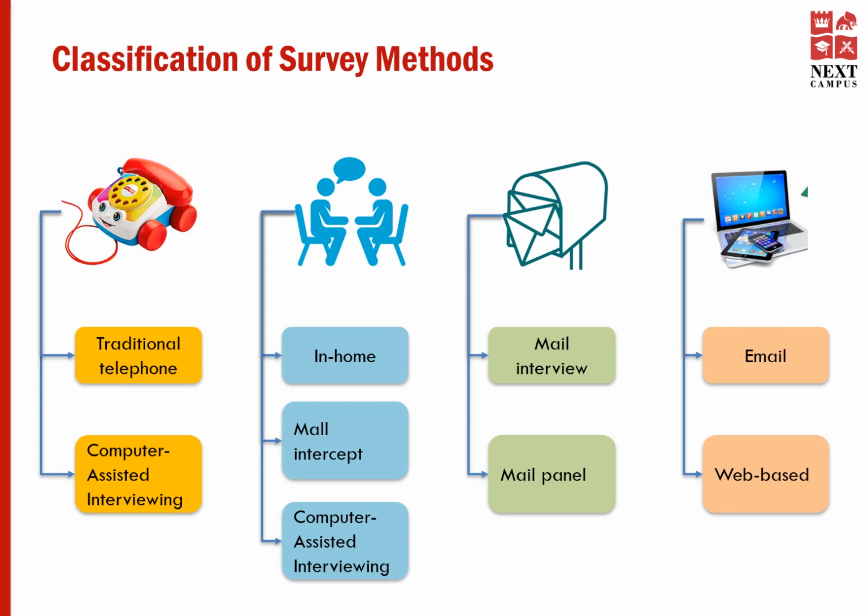Mall intercept. At the mall there are people with documents, books, asking you questions. That also could be computer assisted interviewing. You can have mail, through email or web-based. Different types of survey methods are open to you based on what you want to do, how you design your research methodology.